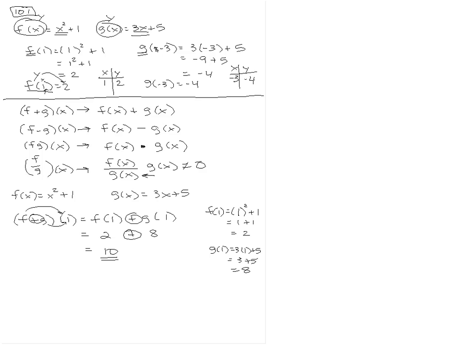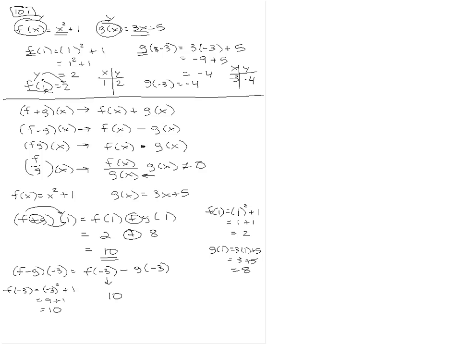All right, well, what if I asked you, using those same functions, what if I said I wanted f minus g of negative 3? That means f of negative 3 minus g of negative 3. So first I find f of negative 3, which means wherever there's an x, I put negative 3. So I get 9 plus 1, which is 10.